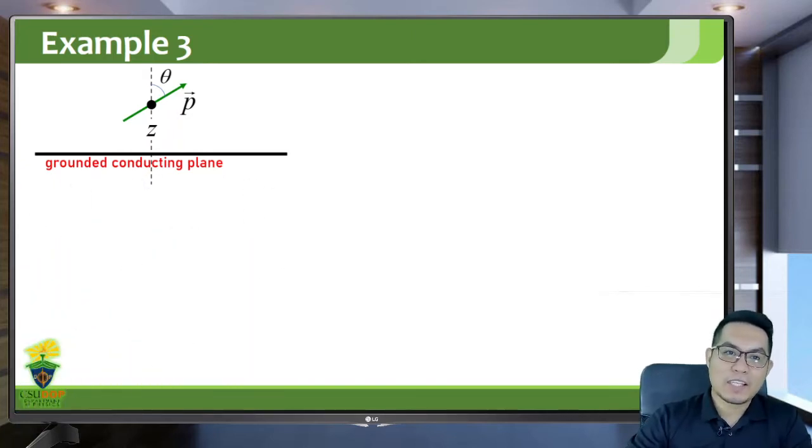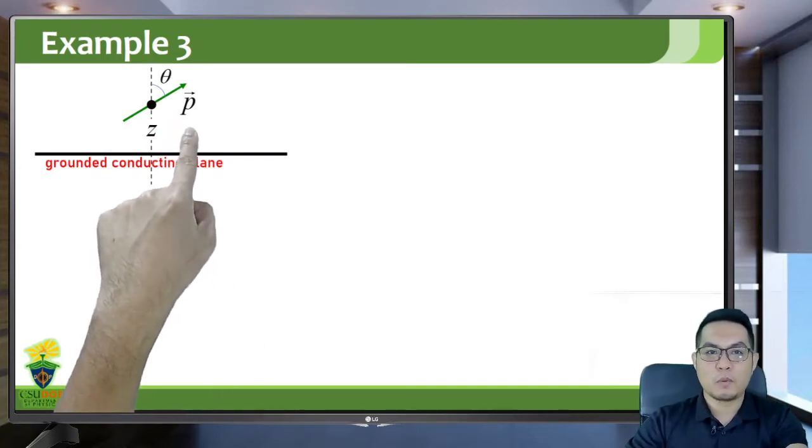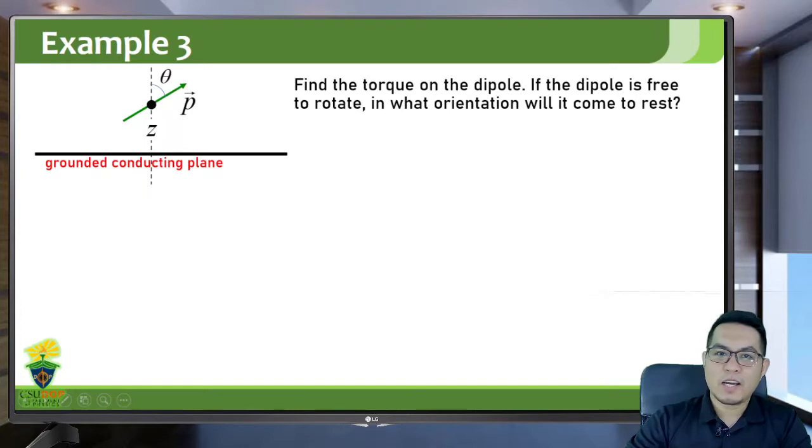And a distance z above the plane, you have a dipole with dipole moment P. Unless it's given in the problem, we will always assume that P is constant in magnitude. You are asked to find the torque on the dipole because of the grounded conducting plane, and if the dipole is free to rotate, in what orientation will it come to rest?